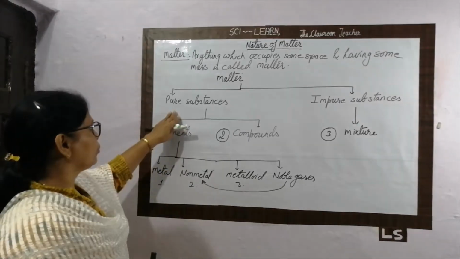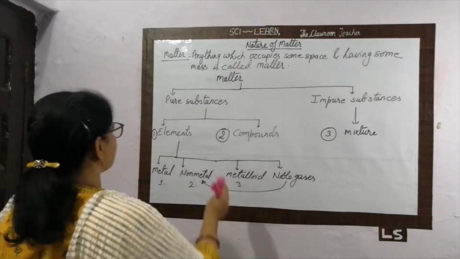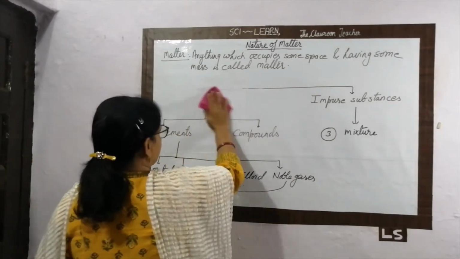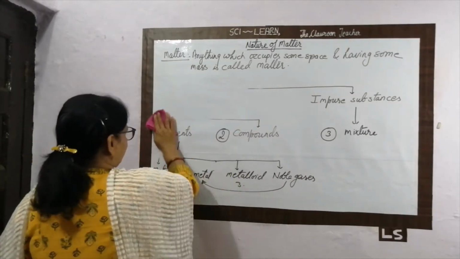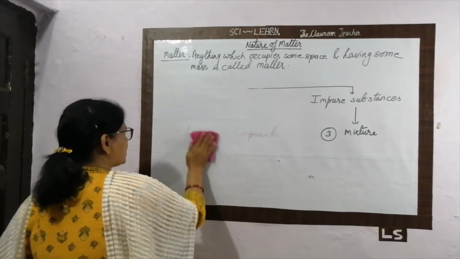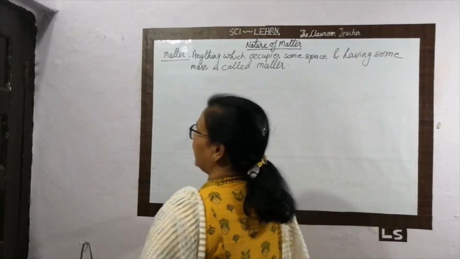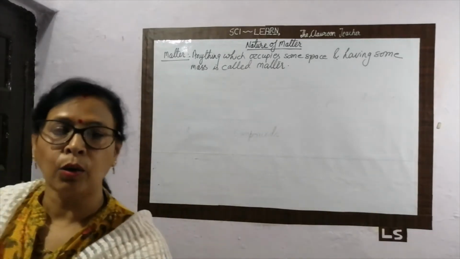So we are going to the first thing, the pure substance, with the definition of pure substance and impure substance. As you know, pure means there is no other substance present in it. It is composed of only one substance.